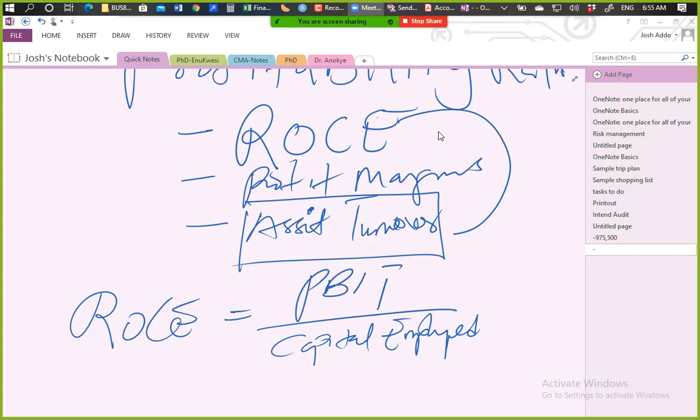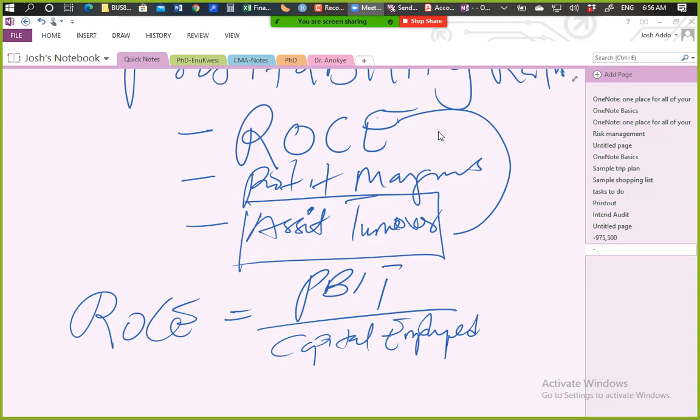Annie, let's hear you. Non-current assets and current assets give us the capital employed, the total. Okay, so Annie has said non-current assets go into it. Current assets also go into it, right? Yes. And what again?